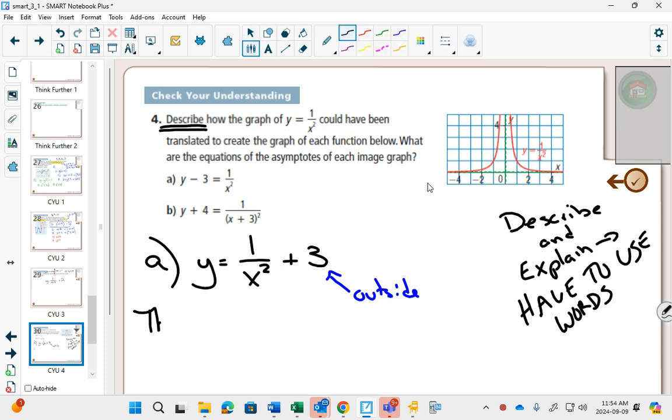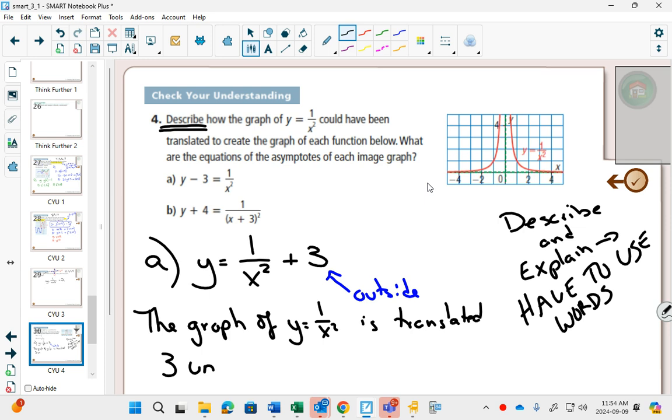So I would describe it: the original graph of y equals 1 over x squared is translated three units up. Okay? That would be perfectly fine.